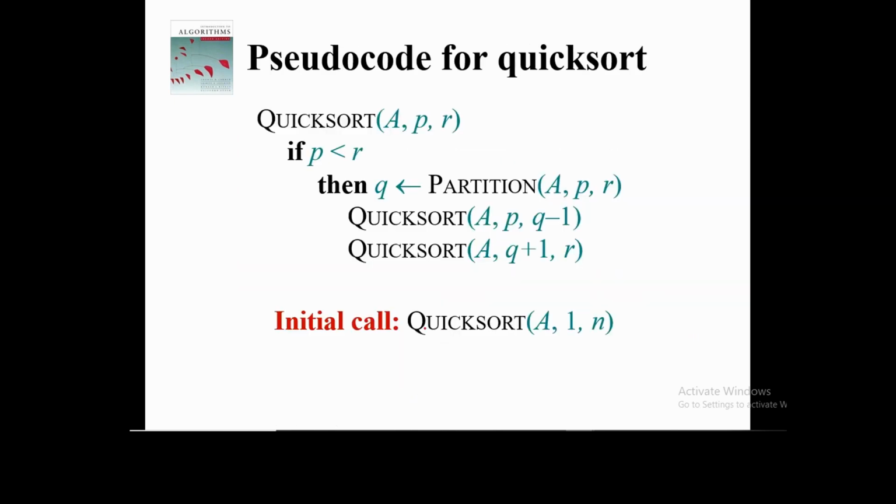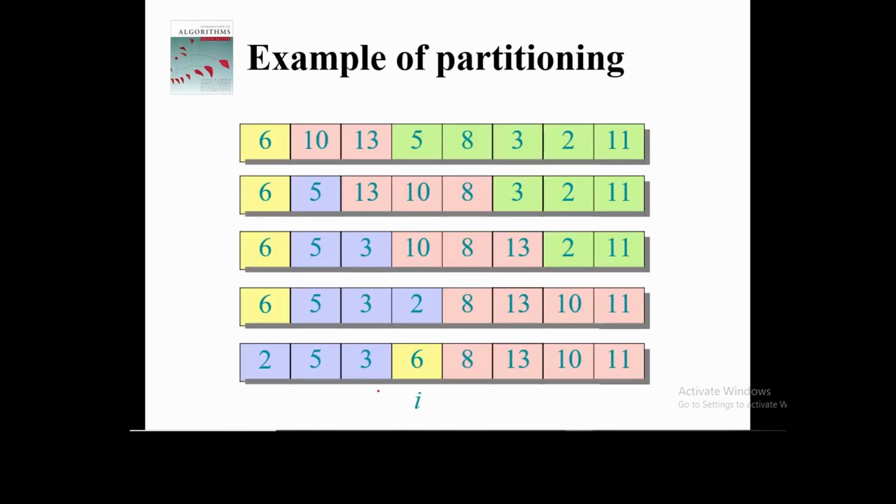So after this, the list is divided into two parts. Suppose this is P, this is R and this is Q. Initially we have a list with P here and R here, and the pivot element divides the list into two parts.